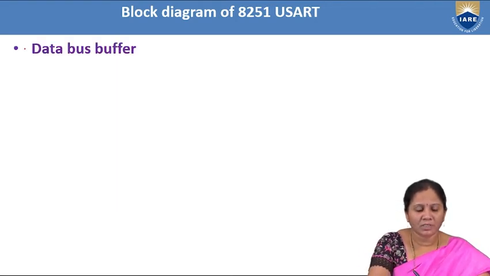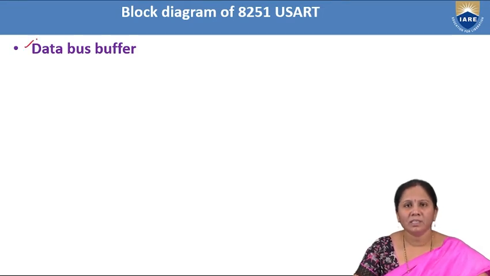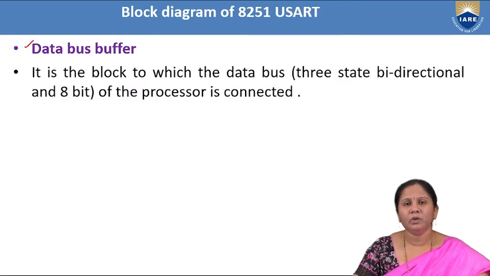The first section is the data bus buffer. In this block, we have D0 to D7 bidirectional data bus. Using this bidirectional data bus only, this 8251 communicates with the 8086 microprocessor.